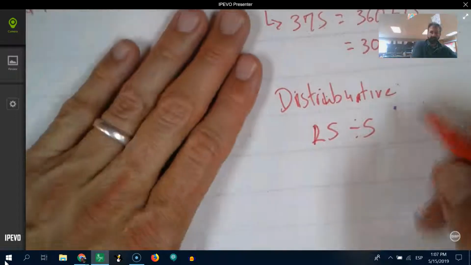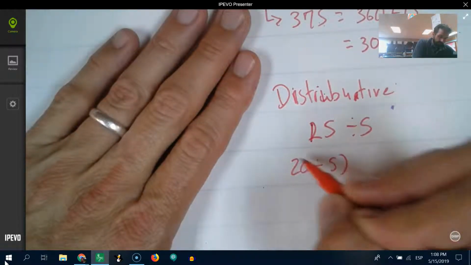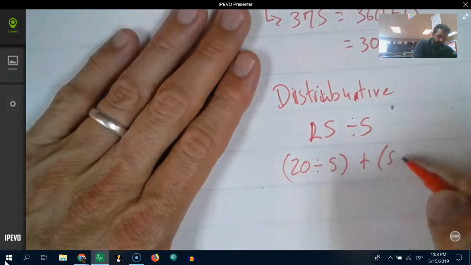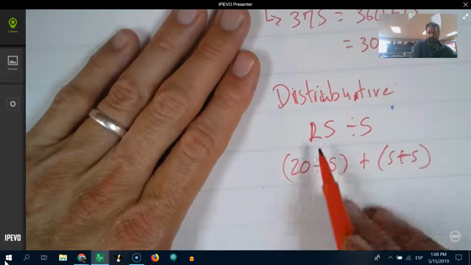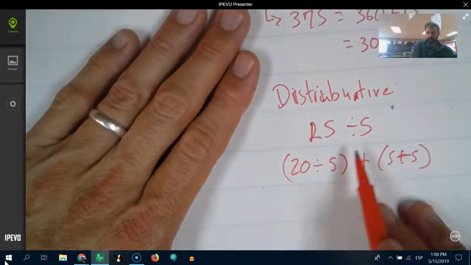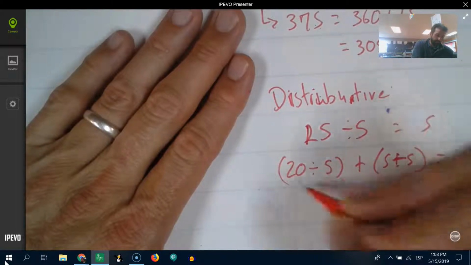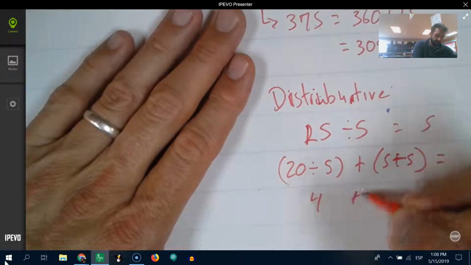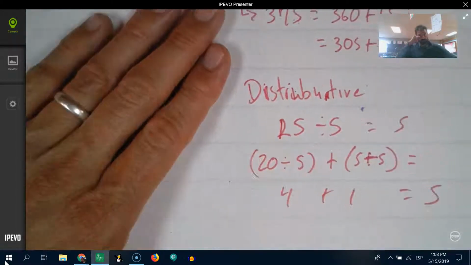But what this is saying is that I can also look at this like 20 divided by 5 plus 5 divided by 5. So I can take 25 and split it into 20 and 5 and divide each one of those by 5, and that's going to give me the same answer, right? So 20 divided by 5 is 4, 5 divided by 5 is 1, 4 plus 1 is 5. So that's called the distributive property.